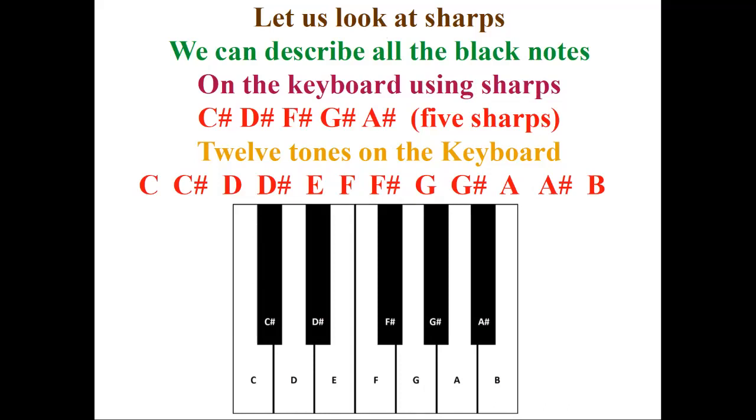Let us look at sharps. We can describe all of the black notes, all 5 of them, because they've got 5. And when you get to the next set of 5, it's a duplication of the first set of 5.